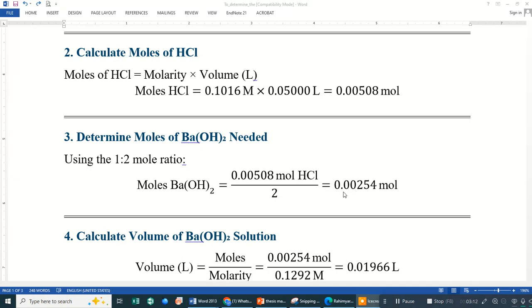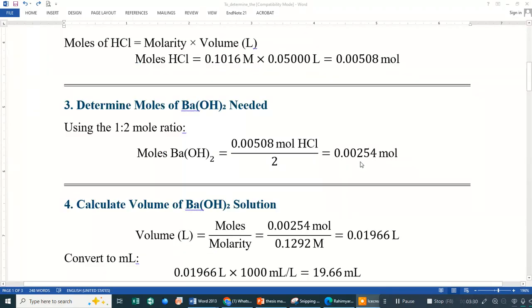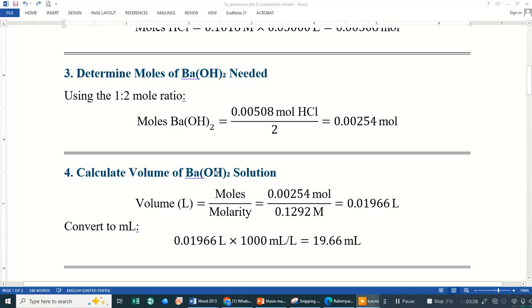The answer is 0.0025 moles. Okay, it means 0.0025 moles of barium hydroxide will be required to react with 0.00508 moles of HCl.